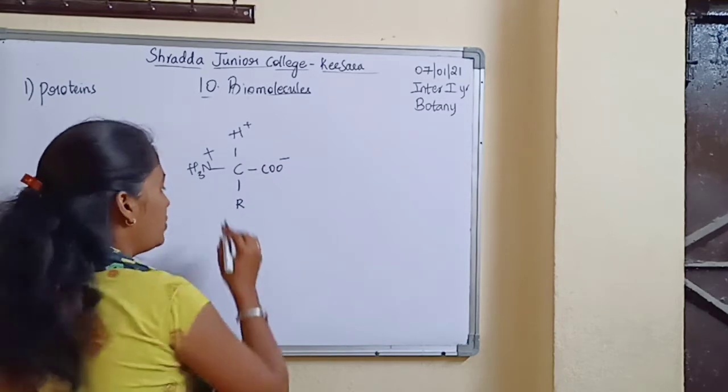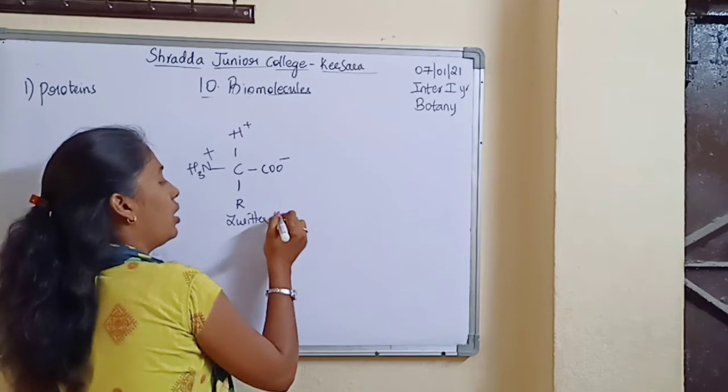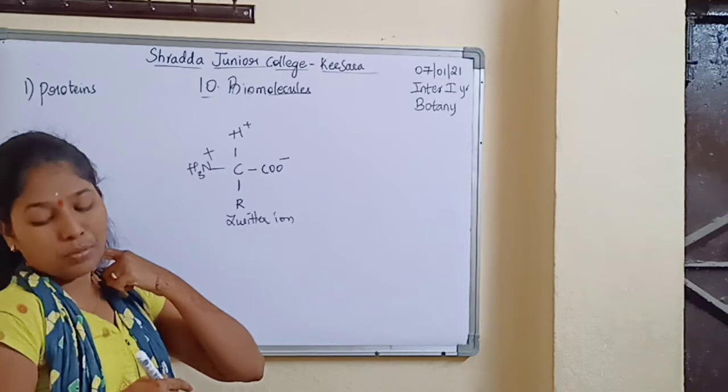That is called a zwitterion. This is called a zwitterion because it is a dipolar ion. It shows two poles, a positive pole and a negative pole, as you see here.